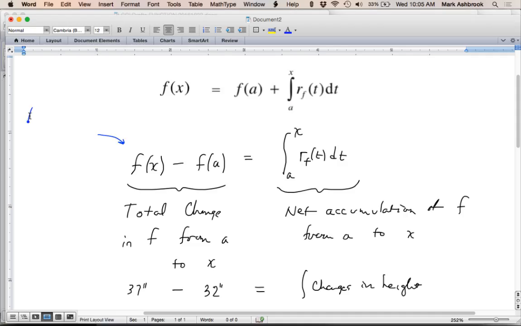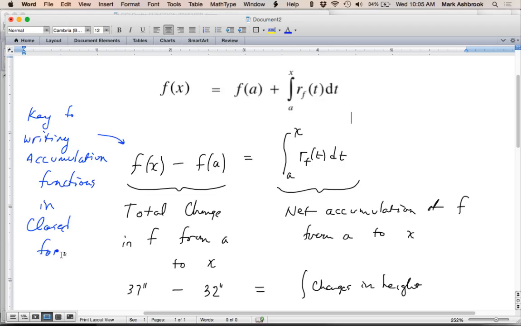So this is the key to writing accumulation functions in closed form. We need to know the amount function from which the rate came.